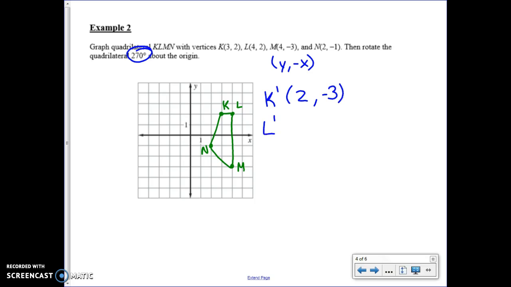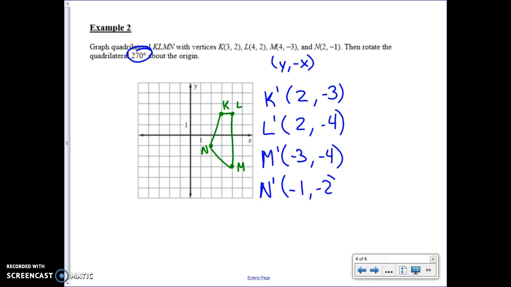For L, I'm going to switch their places and make the X value the opposite. So for M, switch their places and then make that X value the opposite. And then for N, switch them again and make the X value the opposite.